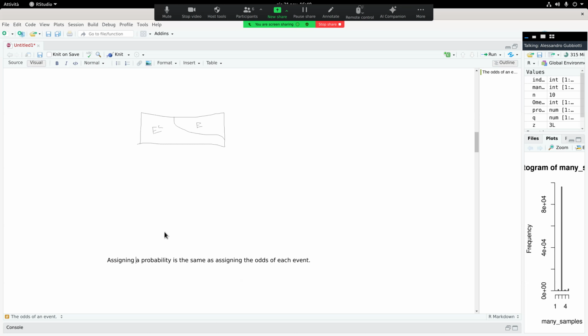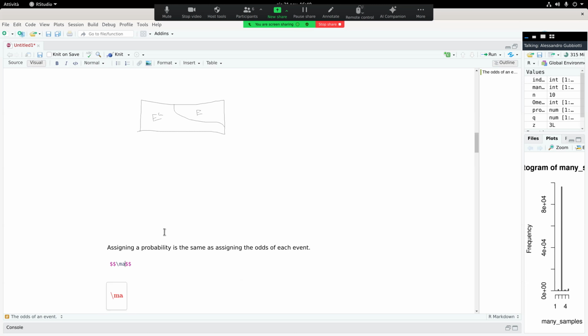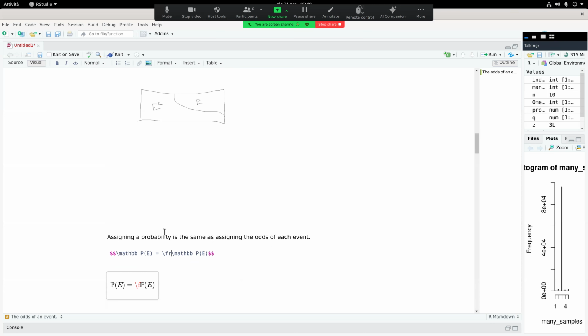This is simply because you can rewrite it in this way: the probability of phi is equal to the probability of E divided by the probability of omega, which is 1, because the probability of omega is 1.